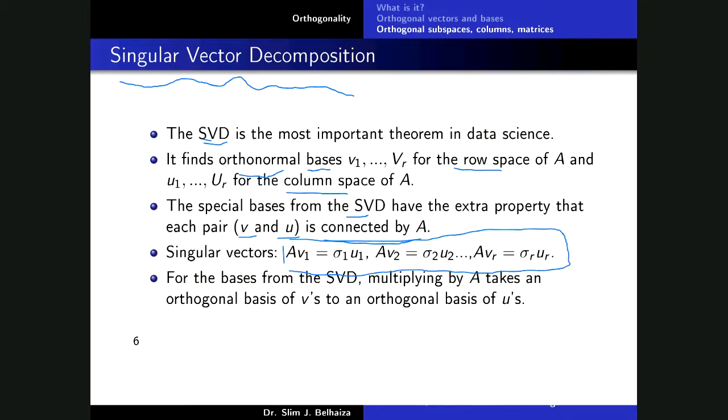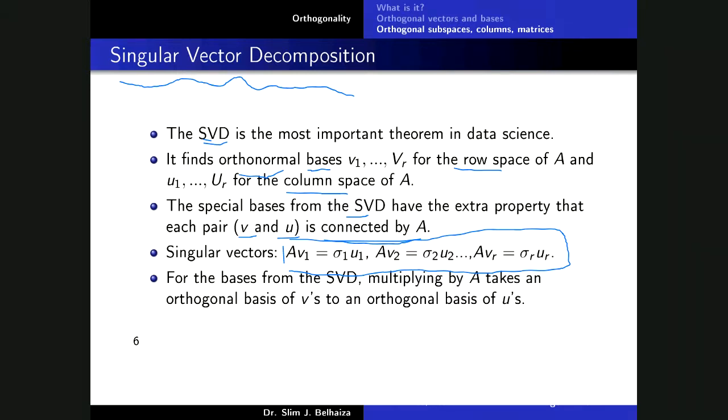This is the link between v1 and u1. Av2 equals sigma2 u2. All the sigmas are real numbers, scalar multipliers. Avr equals sigma r ur.